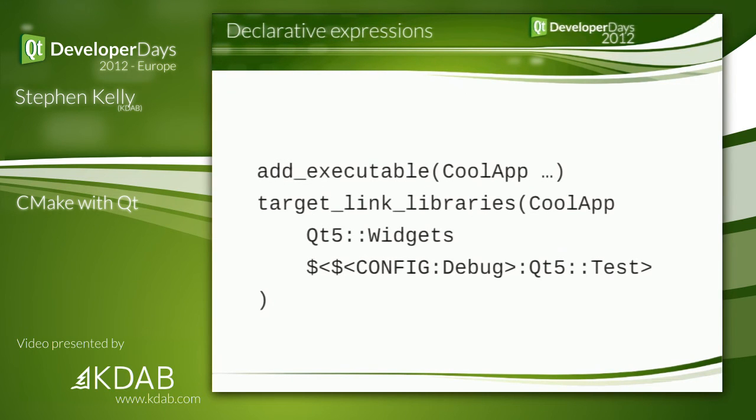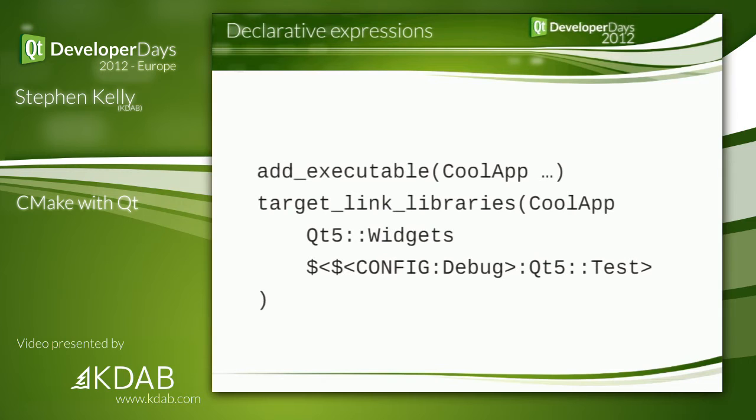And the way that you're going to be using that, possibly, or one way that you could use it, is if your executable can make use of the Qt5 test library. For example, if you compile it in a debug build, you can conditionally link to Qt5 test library, depending on whether the configuration is debug or not.